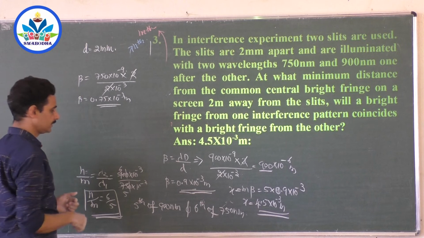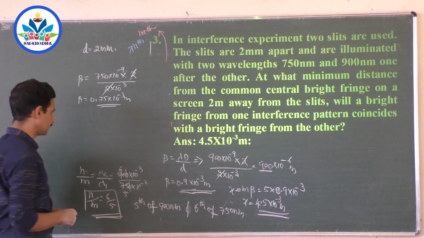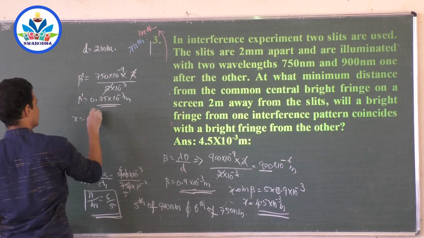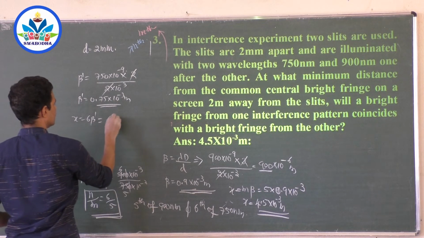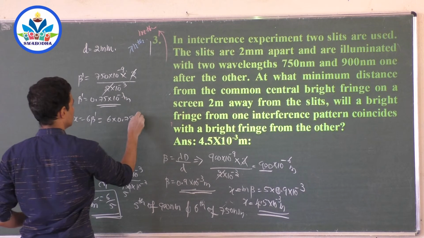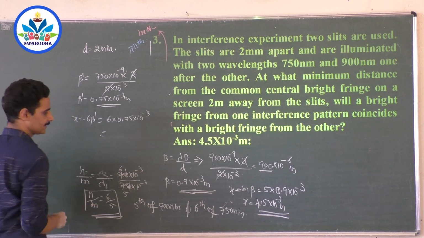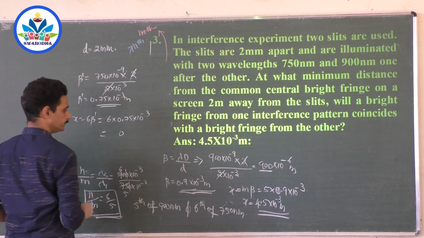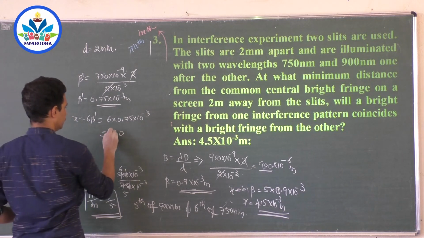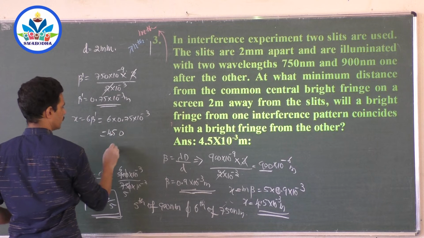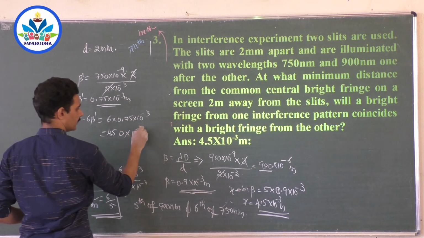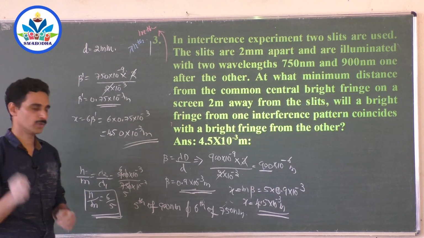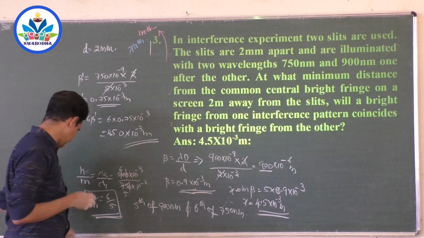It is the 6th fringe of 750, so x is equal to 6 beta, that is 6 into 0.75 millimeter. 6 5s are 30, 45, so 4.5 millimeter. You get the same answer, no problem. So that is how you have to solve it.